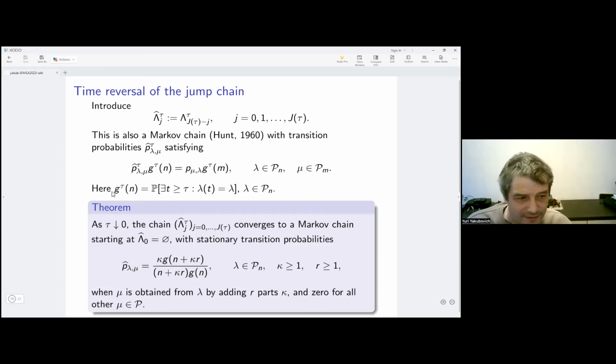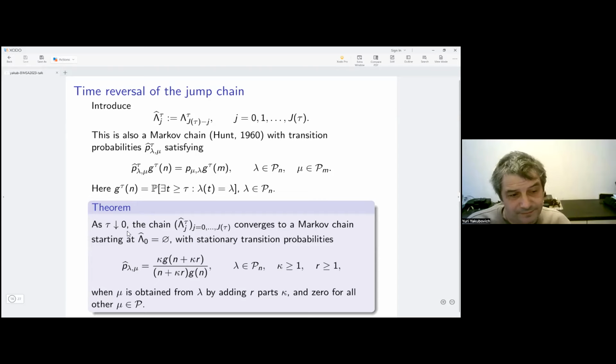This is the same probability we had already met. And then these probabilities of the reversed Markov chain, the time backward Markov chain, depend on tau.